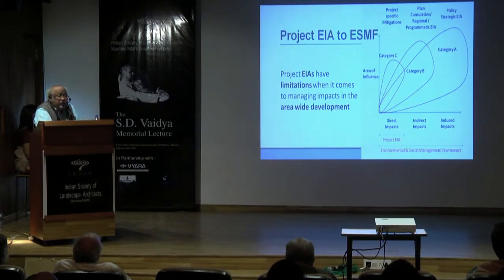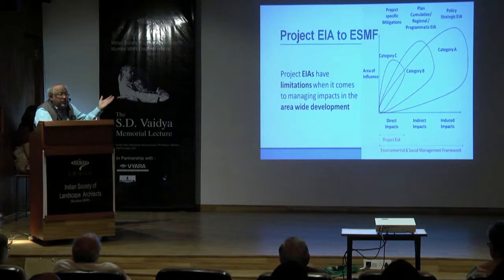And a coastal road project like category A has all of these types of impacts, direct and indirect and induced, and the area of influence also is large. The footprint is also large.